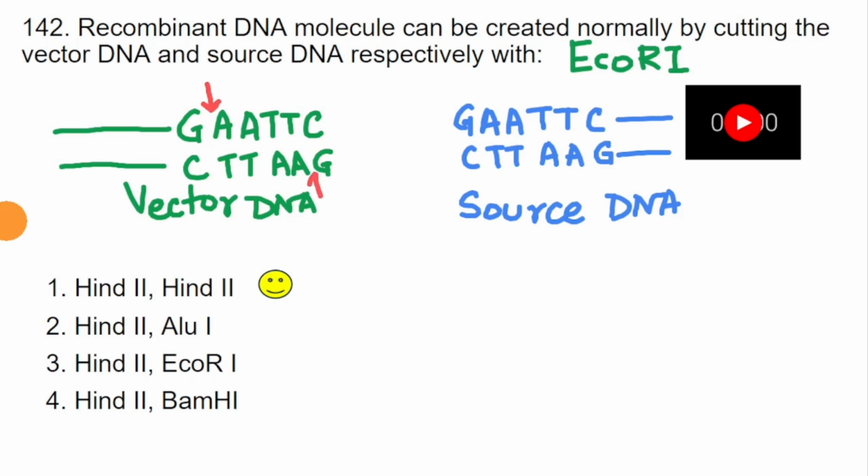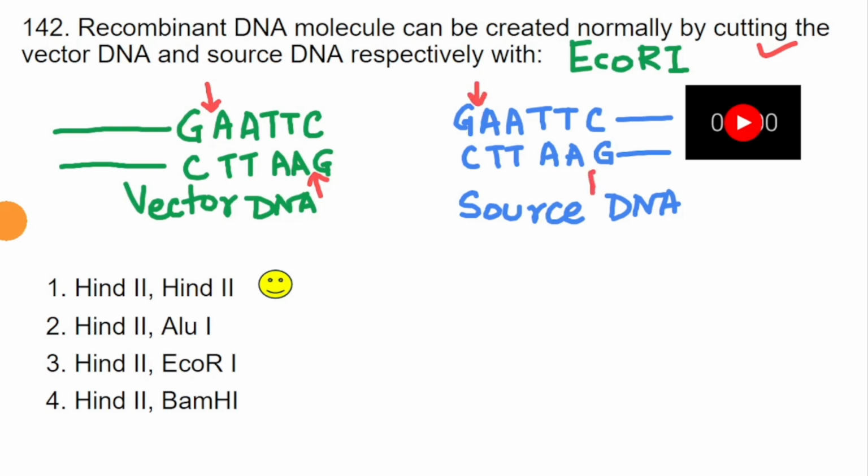So over here, and you need to treat, see the question is asking you normally by cutting vector DNA, source DNA respectively with the same restriction enzyme. So I will have to treat the source DNA also with EcoRI.